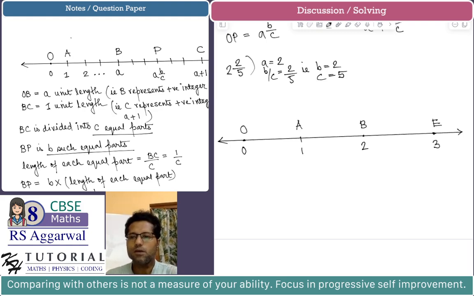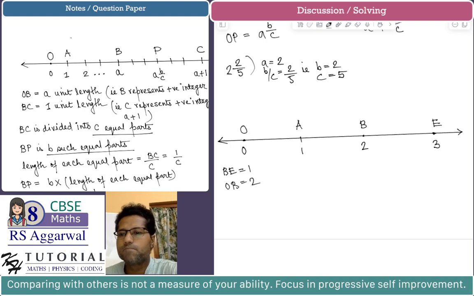So we know that BE is equal to 1, OB is equal to 2, and also OE is equal to 3.